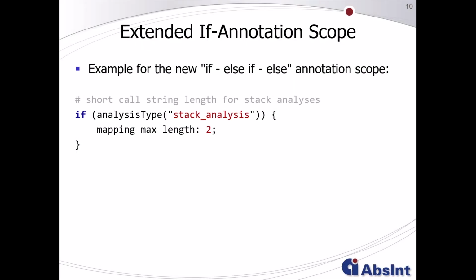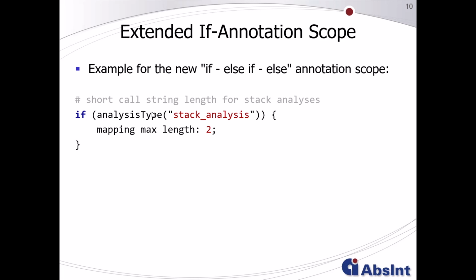For the last point on today's agenda, I'm coming back to my presentation, and here it's about the if annotation scope that we extended. You remember that you can formulate such a meta or if annotation scope, as we call it. So you can apply a certain list of annotations depending on some property, some condition.